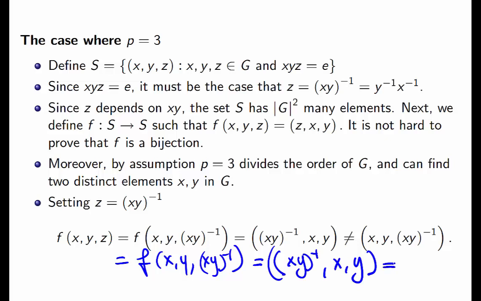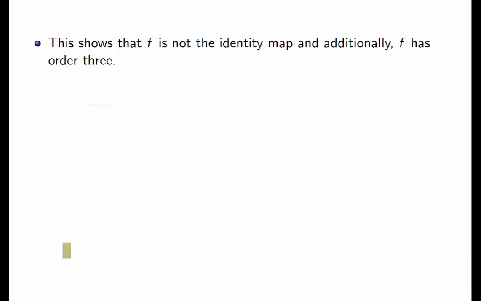And I claim that this cannot be equal to its input. Why? Because if it was equal to its input, then these two elements here would be the same, but we have assumed that they're not the same. So this function does not take (x, y, (xy) inverse) to itself. That tells you that f is not the identity map, because there's at least one element in the set S which does not go to itself.